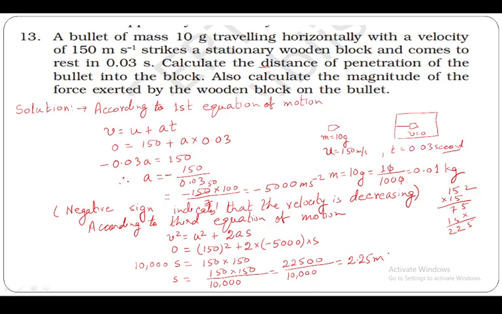And also calculate the magnitude of the force exerted by the wooden block on the bullet. We have to find the force. According to Newton's second law of motion, F is equal to m a, force is equal to mass into acceleration. The value of mass is 10 gram, which is actually 0.01 kg. Therefore, it is 0.01 kg into acceleration.